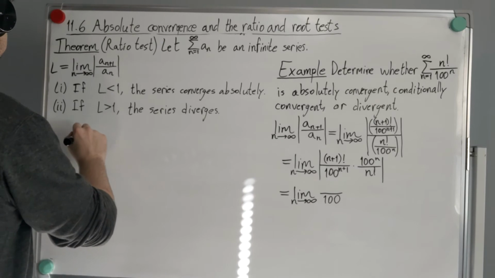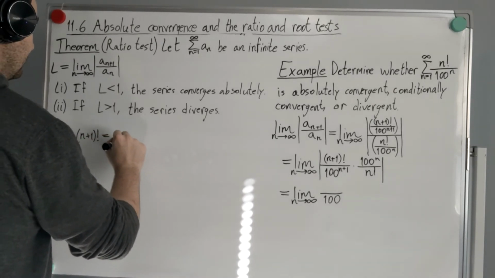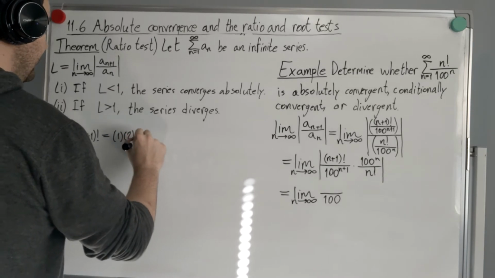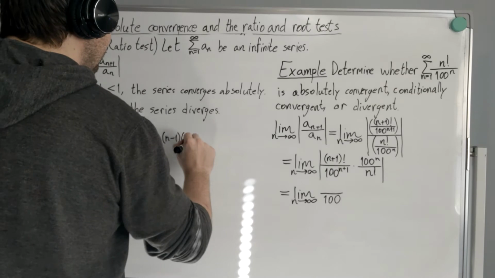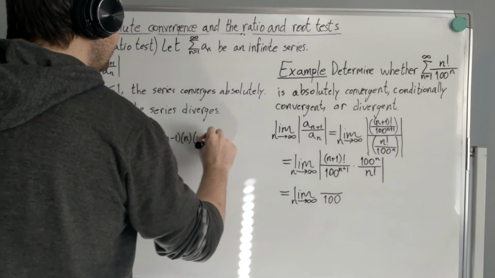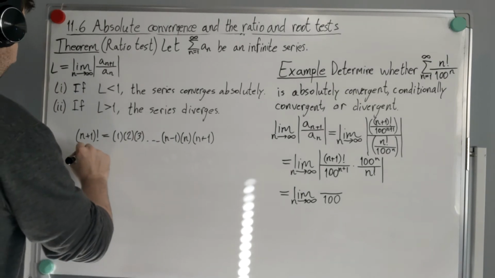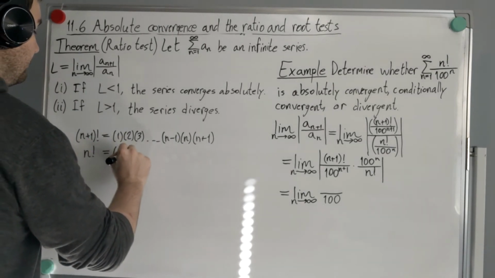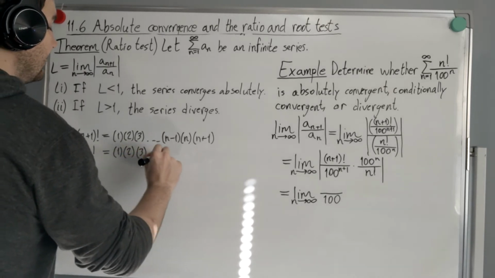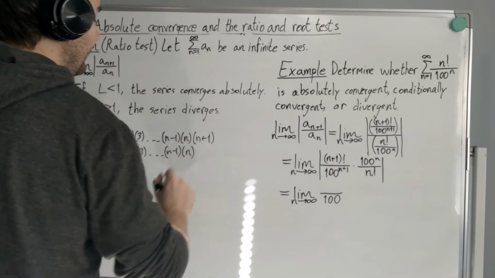We have n plus 1 factorial, that's 1, 2, 3, all the way up to n minus 1, times n, times n plus 1. Meanwhile, we have n factorial. This is 1 times 2 times 3, all the way up to n minus 1 times n, and that's it.